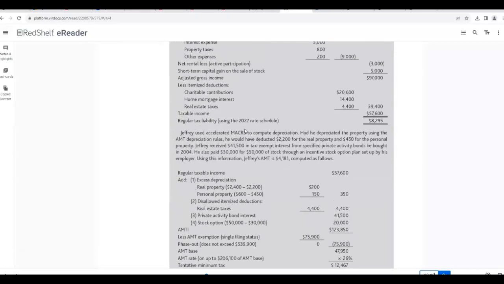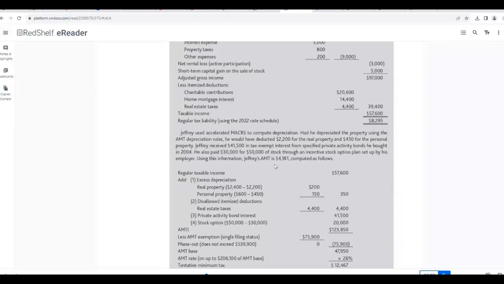Just to go back for a second, number one says excess depreciation. So if you're doing straight line, what is excess on straight line? He used accelerated, but you had to switch it to straight line for the purpose of this calculation? Yes. Because under AMT, the IRS says I don't like you to use accelerated depreciation, because all of a sudden your income goes down very fast.